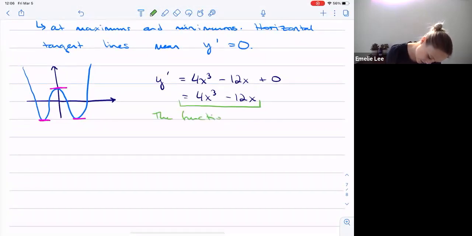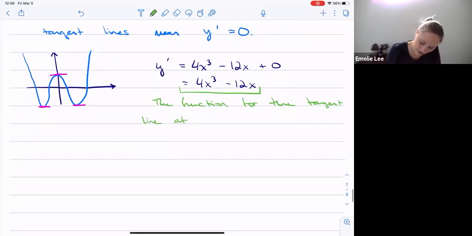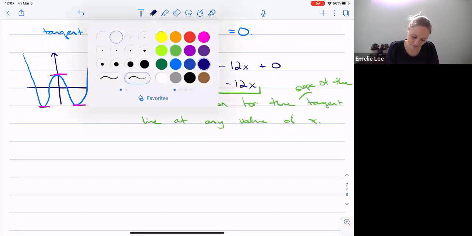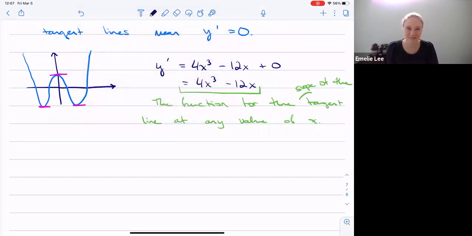The function for the tangent line, sorry, for the slope of the tangent line at any value of x. When I say tangent line, often in my mind, I mean the slope of the tangent line, but say what you mean.